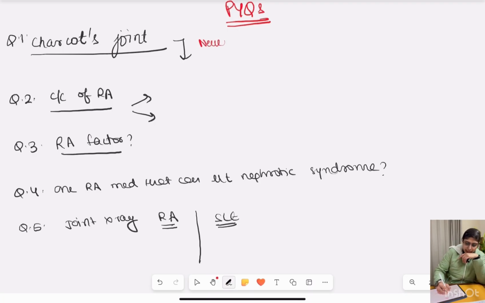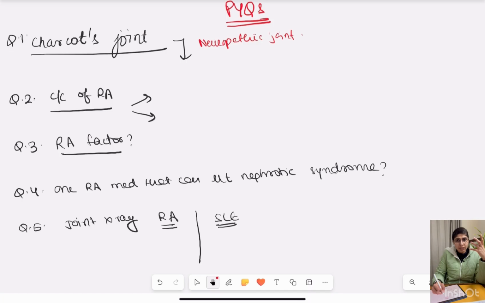So Charcot joint is actually a neuropathic joint, and it is a progressive destructive arthritis. Why is it called a neuropathic joint? Because there is nerve involvement too. It is associated with loss of pain and temperature sensation, and also joint position sensation, proprioception, or any or all of these.